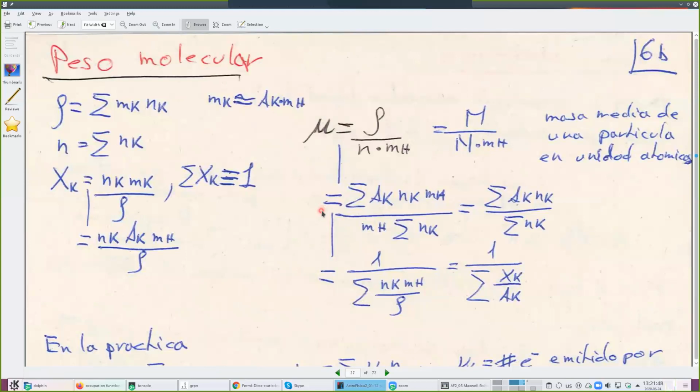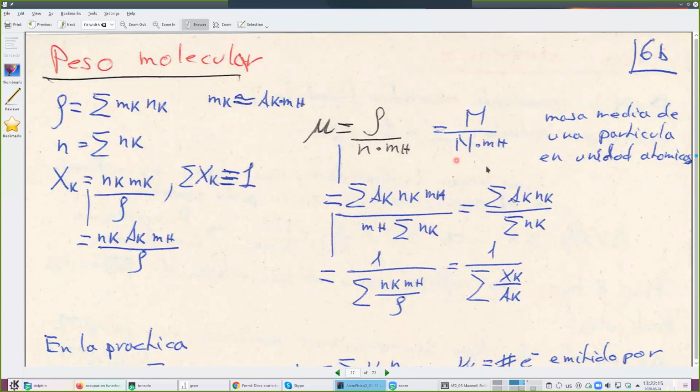As said before, the molecular weight, you can define it as the total mass of the gas divided by the number of particles. So we have the mean weight divided by the atomic unit.